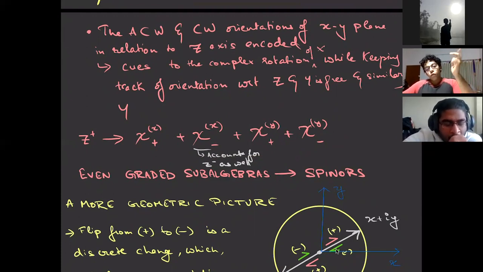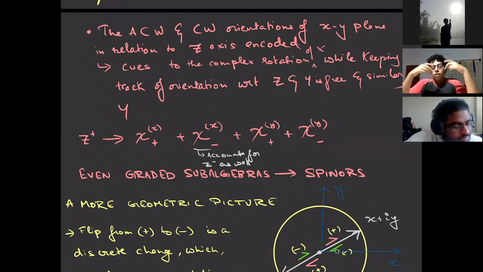So you have these four states, and each state is represented by one spinor. In the sense, instead of decomposing this vector space in the normal way, when you talk about two vectors, you have four spinors instead.